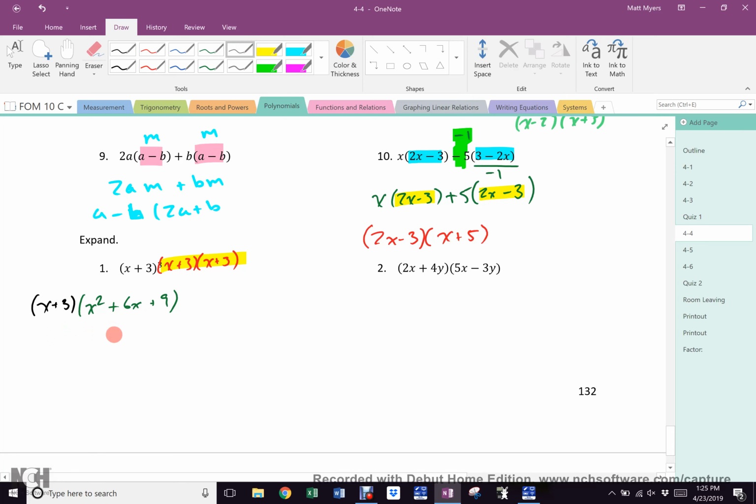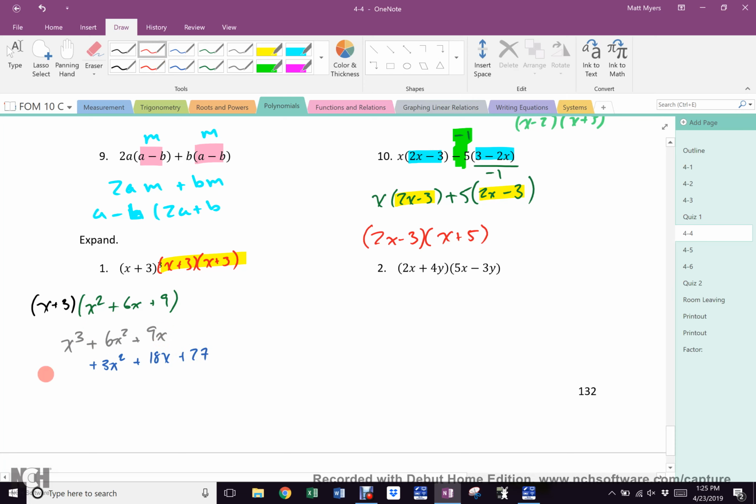What is the first line going to be? X cubed. 6x squared plus 9x. What will the second line be? Plus 3x squared, keeping the x squareds together. 18x, keeping the x's together, plus 27.